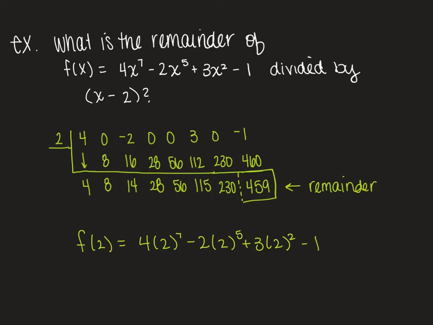You could take your time and figure out all these powers of 2, but for the sake of time, just plug it in your calculator and we get 459. This is the same exact value that we got as our remainder when we divided.